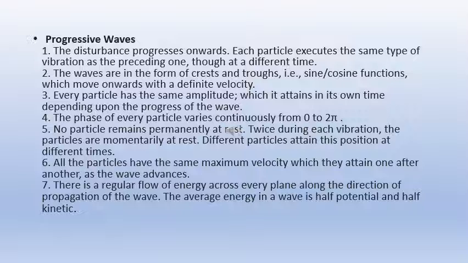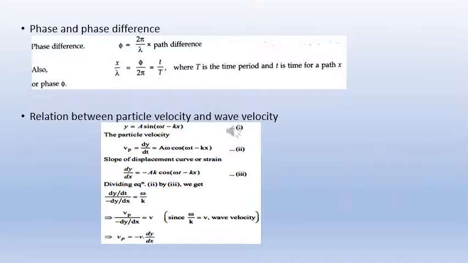No particle in the medium remains at rest, though twice during each vibration the particles are momentarily at rest. There is a continuous flow of energy across every plane along the direction of propagation of the wave. All the particles have the same maximum velocity, which they attain one after another as the wave advances.